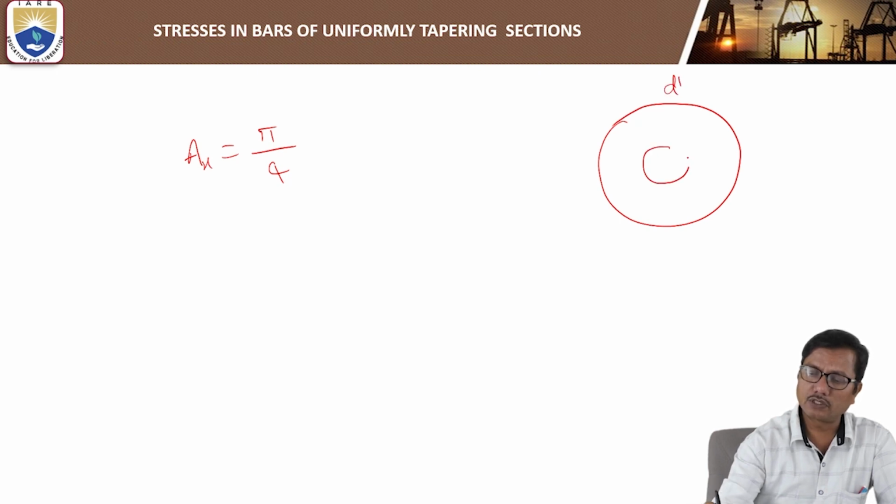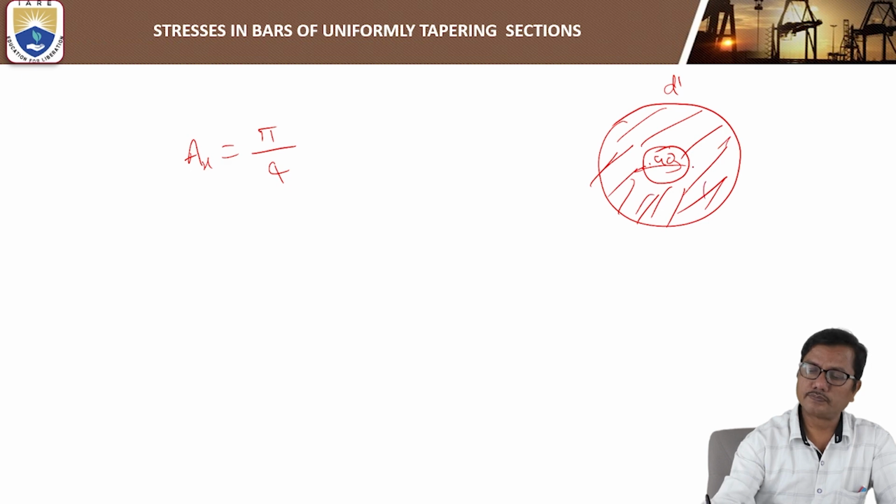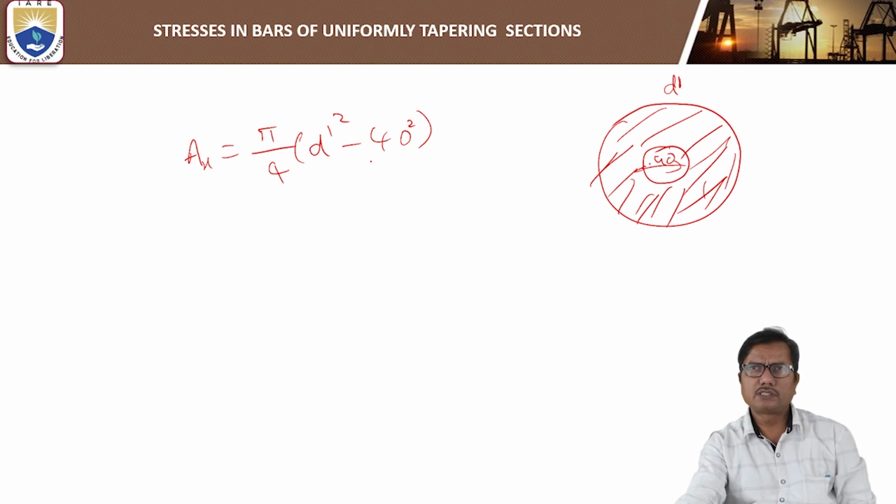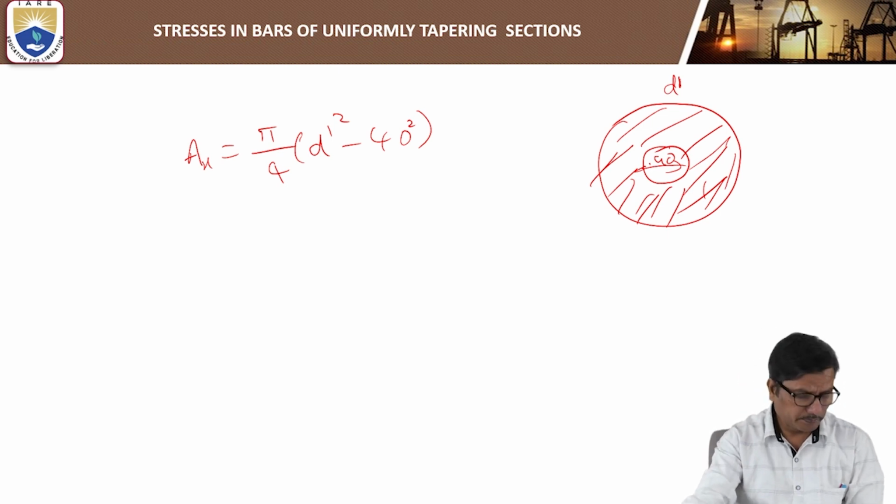There is a central hole of 40, so we want this hatched area whose outer diameter is d dash. Pi by 4 d dash square minus 40 square. That is the cross-sectional area.